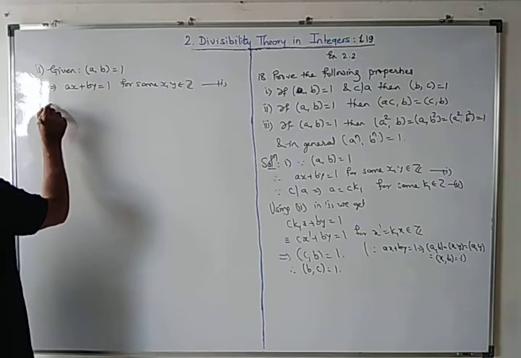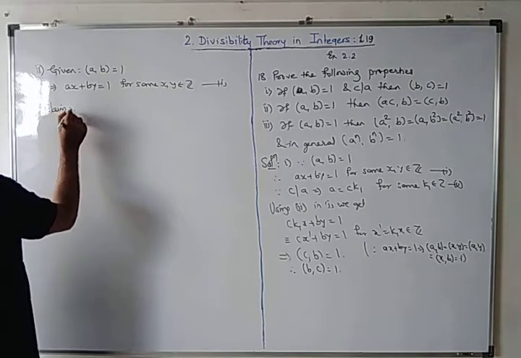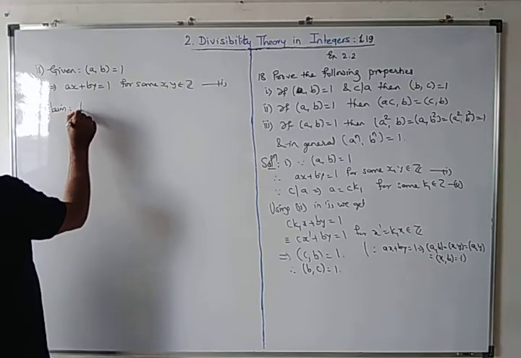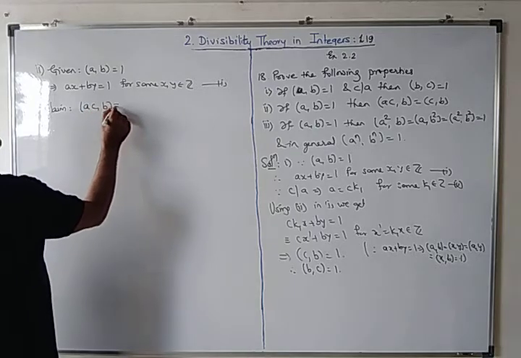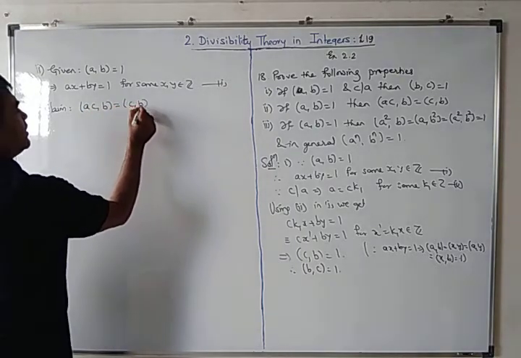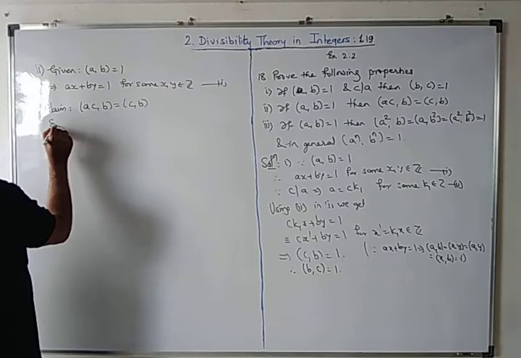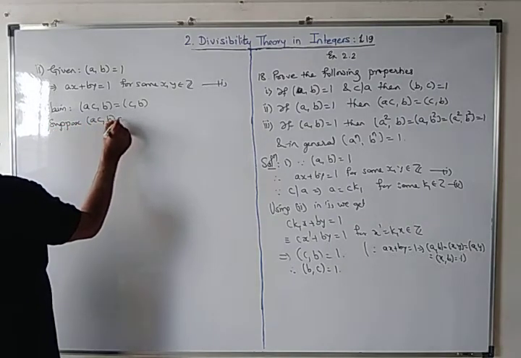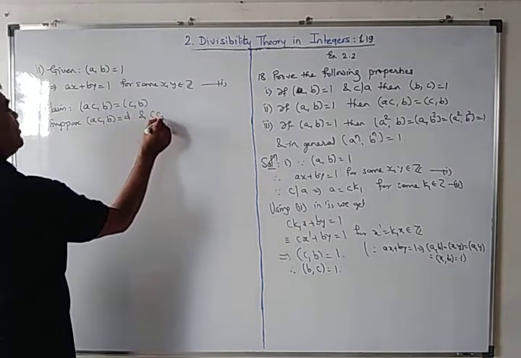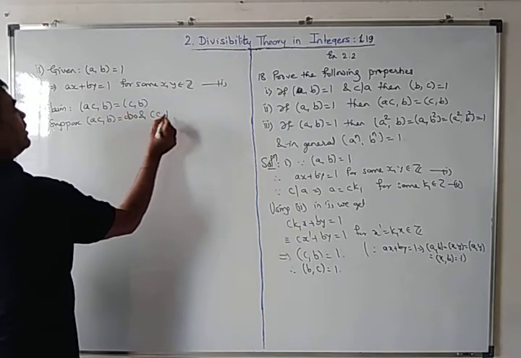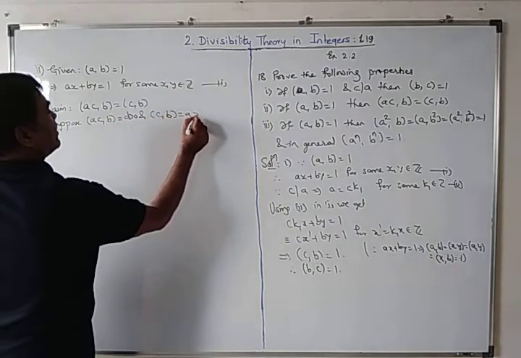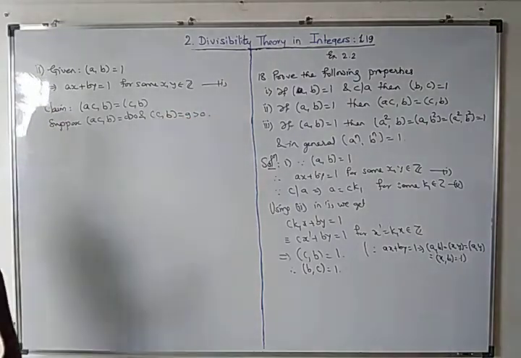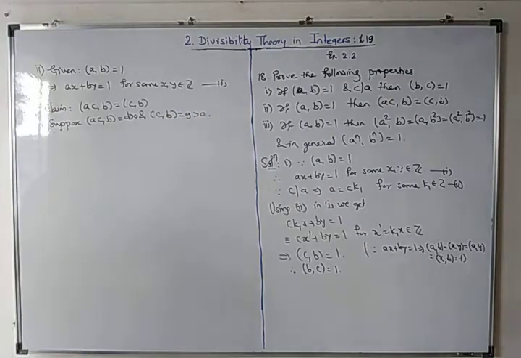The claim: GCD of AC, B is equal to GCD of C, B. Suppose GCD of AC, B is equal to D and GCD of C, B is equal to g greater than 0. If I assume this, then what we will get?